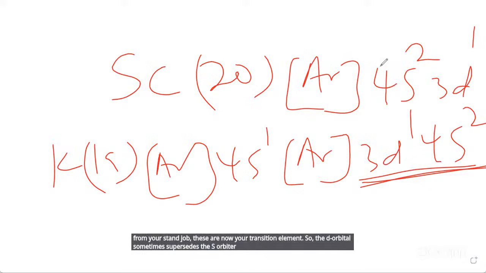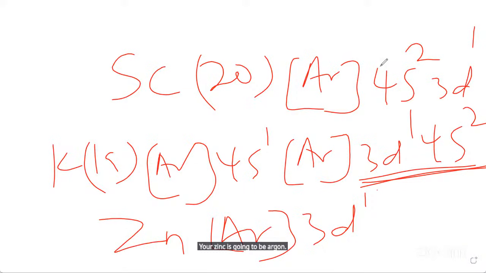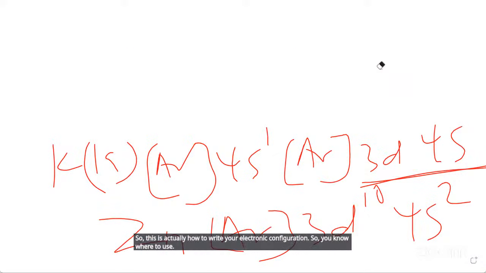You keep on writing. After scandium, you continue until you get to zinc. Your zinc is going to be argon 3d10, 4s2. So this is actually how to write your electronic configuration. So you know where to use helium.